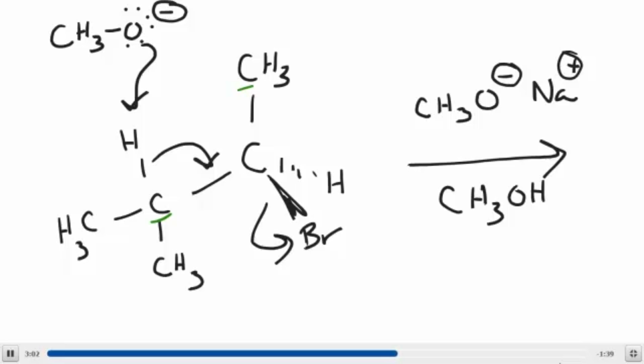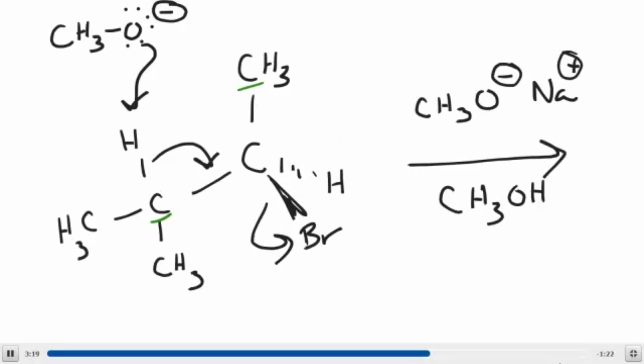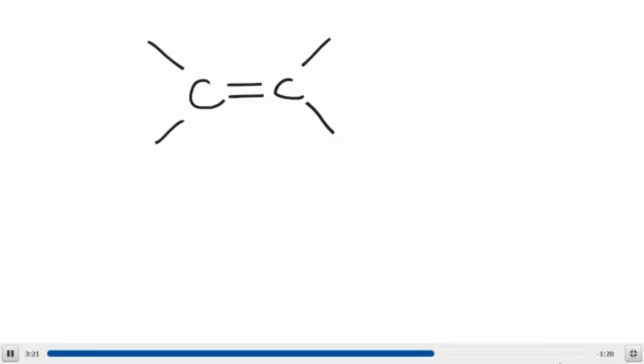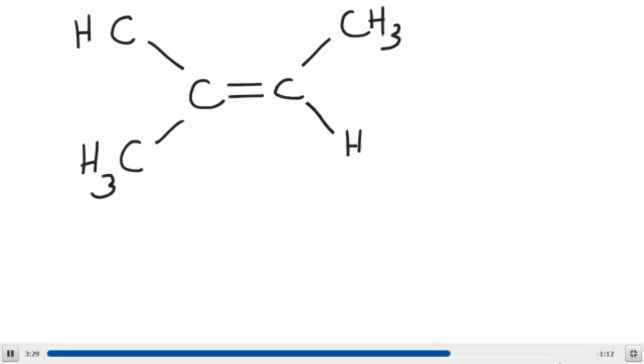Okay. So the product that you would form as the major product in this particular case, you have to go back and look at what I had. Okay. We'd have a methyl group here, a hydrogen here, a methyl group here, and a methyl group here. This would be the major product.